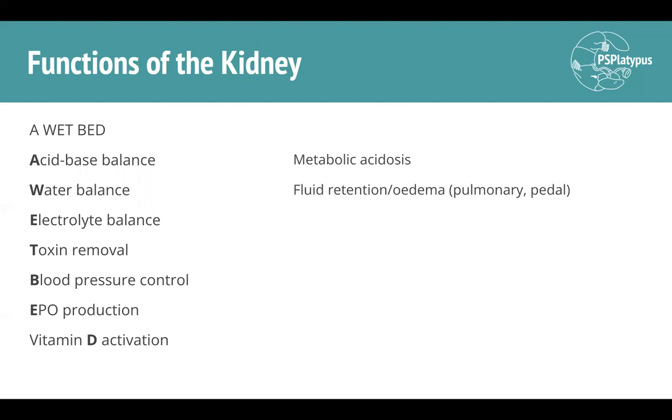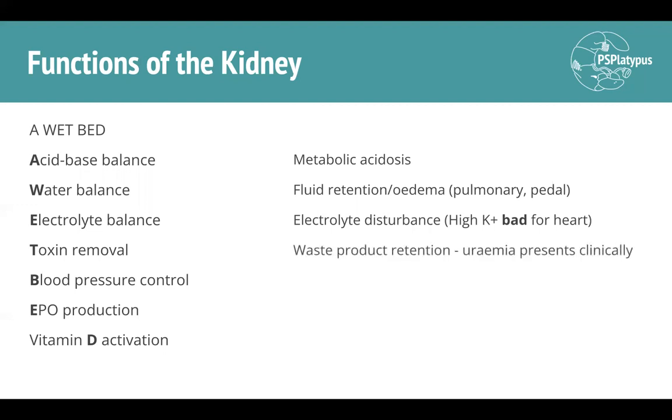Your kidneys also help balance electrolytes. And so if that's damaged, there's disturbances, and the high potassium especially, you really want to look out for that because it can be really bad for the heart. Toxin removal. If that doesn't happen, you get waste product retention and uremia, or an excess of urea in the body is what presents clinically.